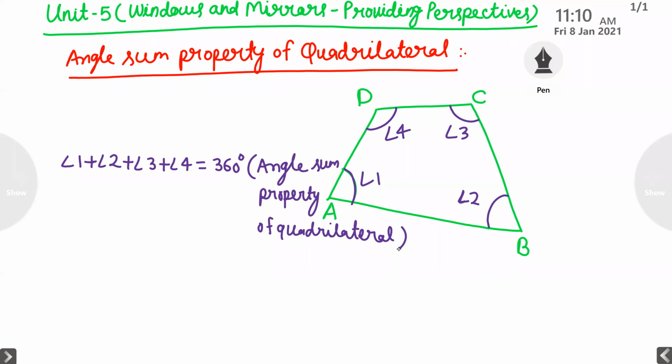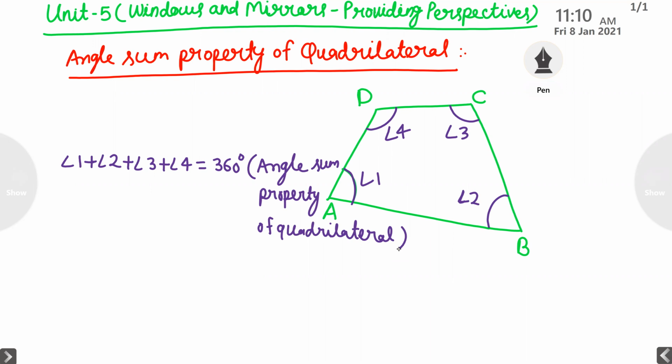Now you are observing here angle 1, 2, 3, 4. These are all interior angles of the quadrilateral.